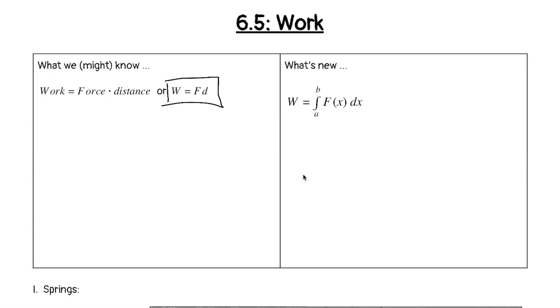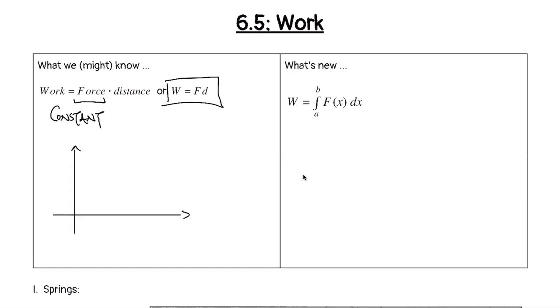This is a specific case where the force applied is constant in nature, okay? So you're applying the same amount of force for the entire distance, you're not changing it, and there are no external factors changing the force that you apply. A diagram for this might look something like this.